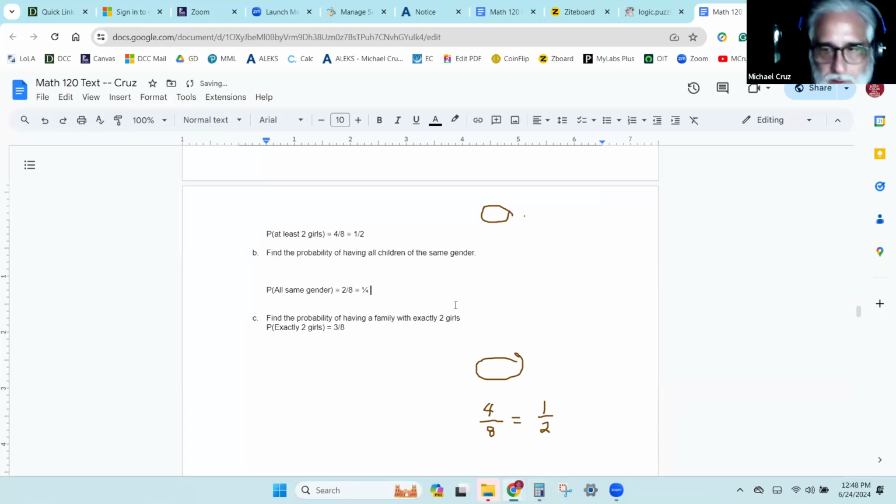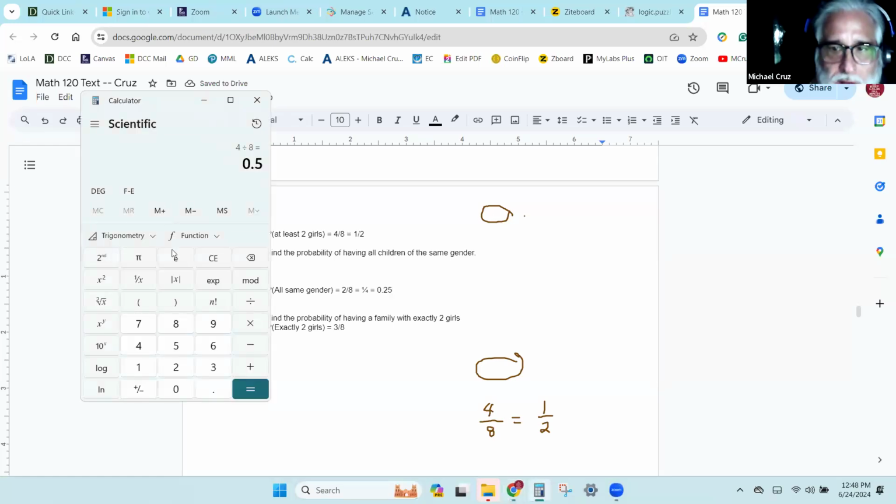So that would be 0.25. And remember, all you do to find that is just take the numerator and divide it by the denominator. It doesn't even have to be simplified in order to do it. If you do 2 divided by 8, you get 0.25. If you take 1 and divide it by 4, you get 0.25.